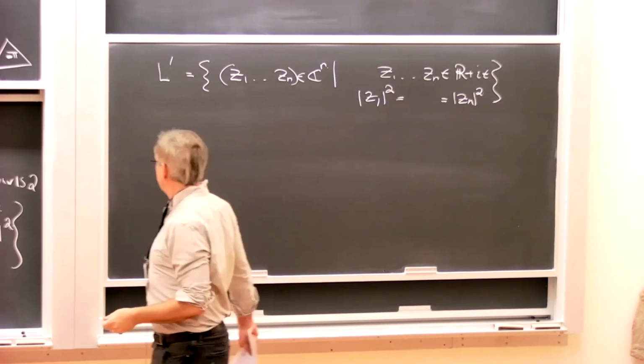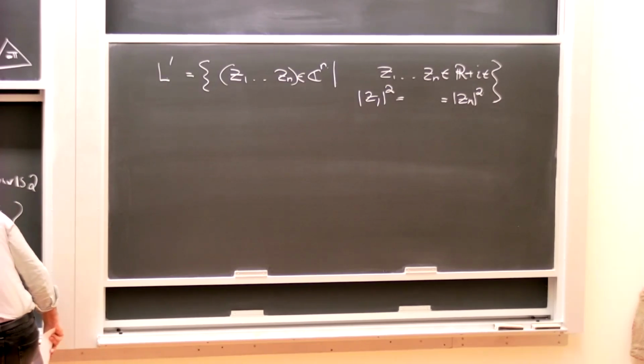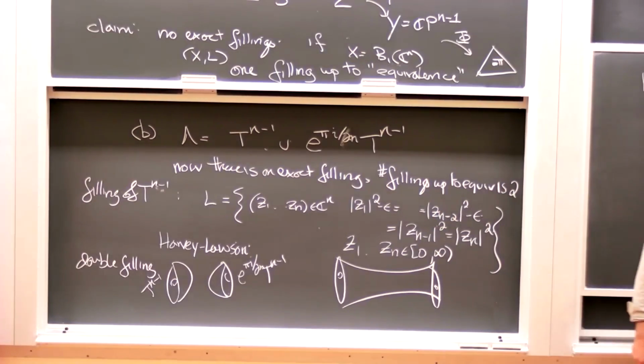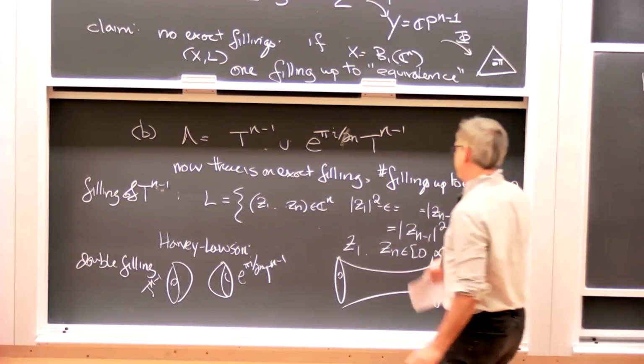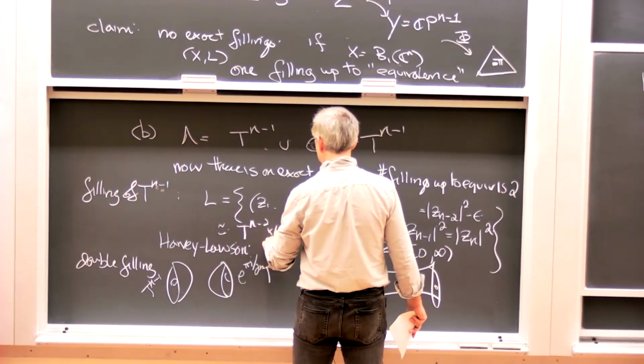And so then I get a filling which connects the two like this. So this filling here is isomorphic to a Tn minus 2 times R2.